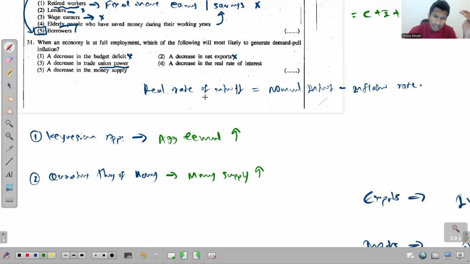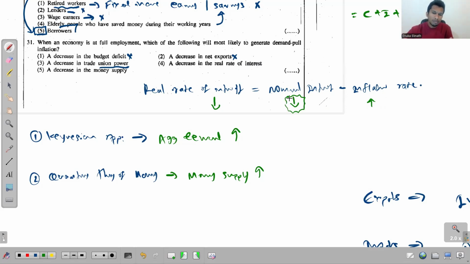Right. So if the real rate of interest decreases, it may be due to a decrease in nominal interest rate, or it may be due to an increase in inflation rate. Either way, if the real rate of interest decreases, people will find it easy to obtain loans.